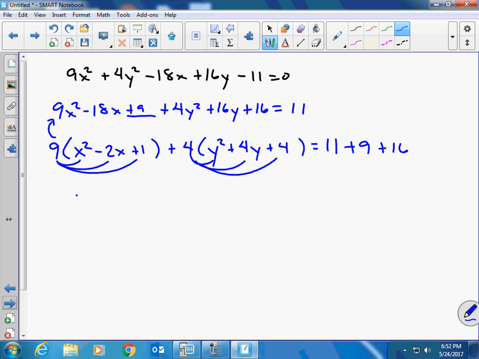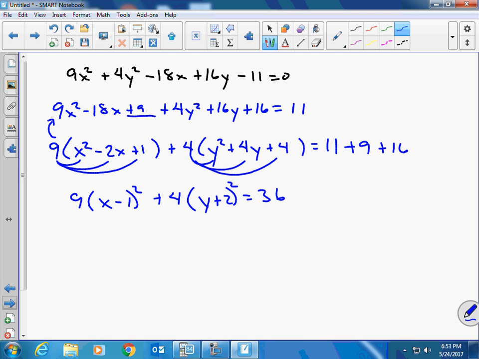All right, let's factor. This factors into x minus 1 times x minus 1, which is x minus 1 squared. This factors into y plus 2 times y plus 2, which is y plus 2 squared. And this gives me 36. Standard form for an ellipse has this 36 as a 1.